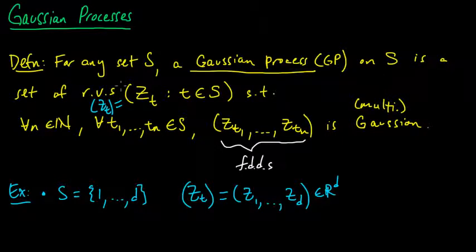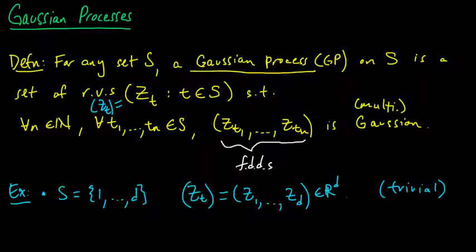Because it's a collection of random variables on this set S, and for any subset of those random variables, that subset is Gaussian distributed. If you know what a multivariate Gaussian is, then this is the first example of a Gaussian process that you can very easily get your head wrapped around. But in some sense, this is too trivial.